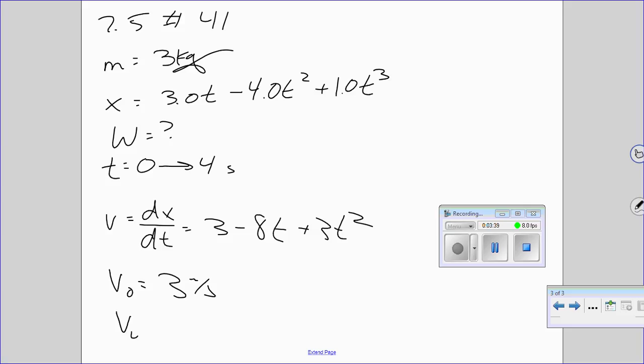And after 4 seconds, we're going to get some number, let's see. 3 minus 32 plus 16 times 3 is 48. Did I do that math right? So 16 and 3 is 19. Good? All right, so now I know those two velocities.